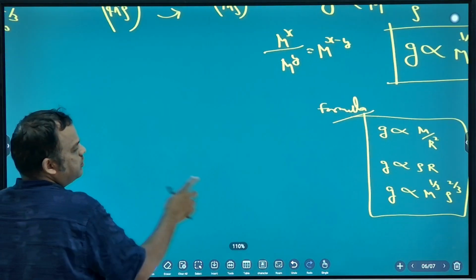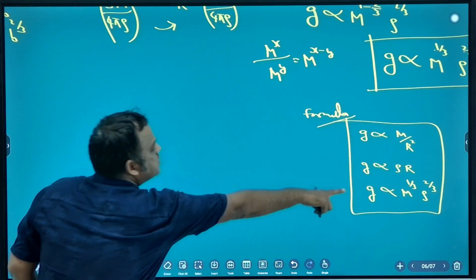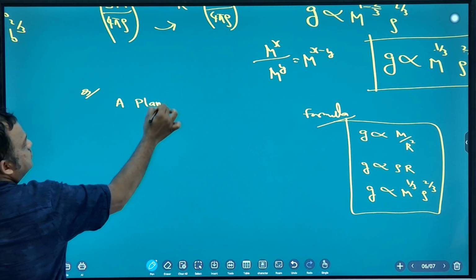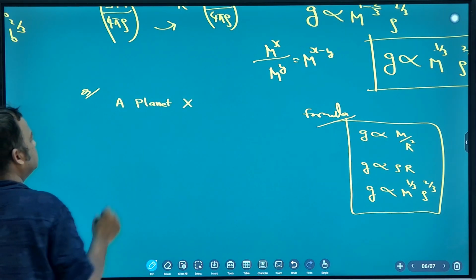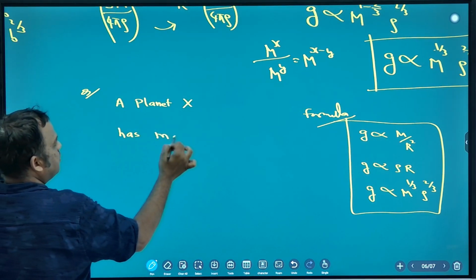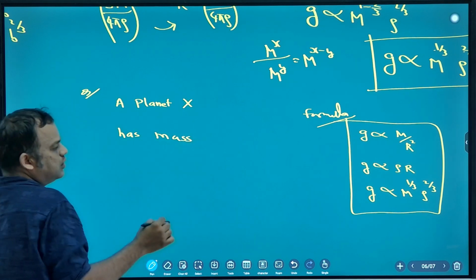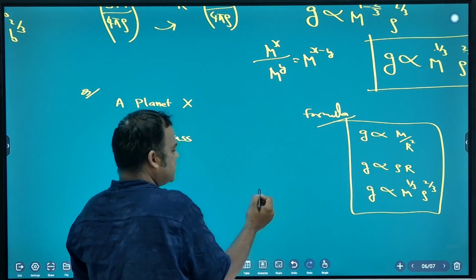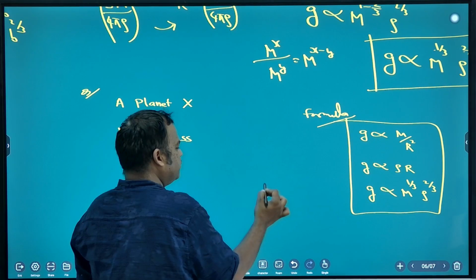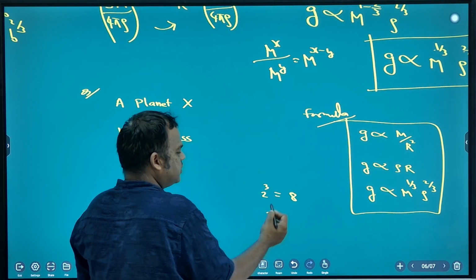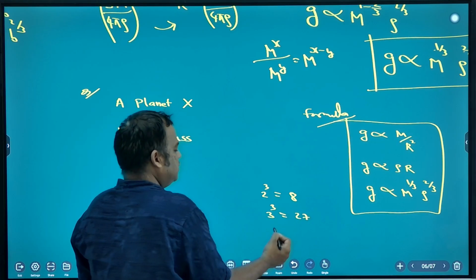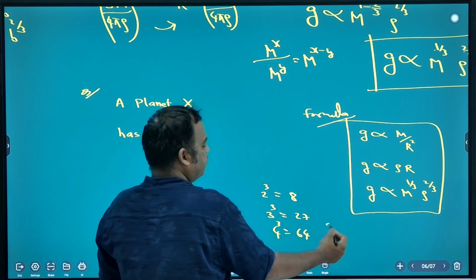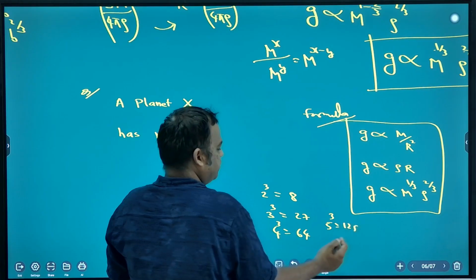Now I am giving one question on this third formula. So note down. A planet X has mass... Now I will give values so that you can easily find the cube root. You tell me, what is the cube of 2? What is the cube of 3? Correct, good. Cube of 4, 64. Cube of 5, 125.